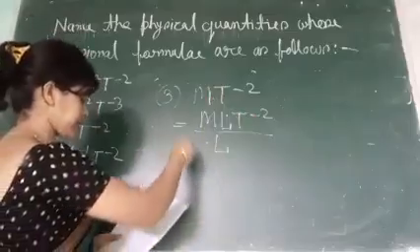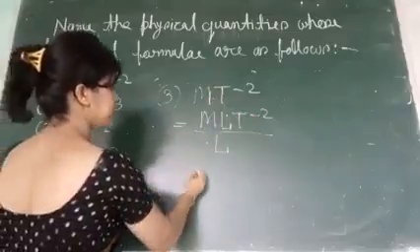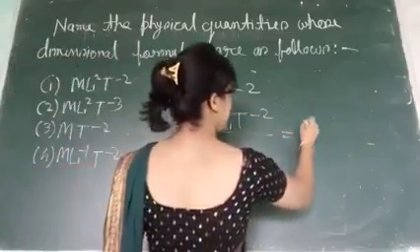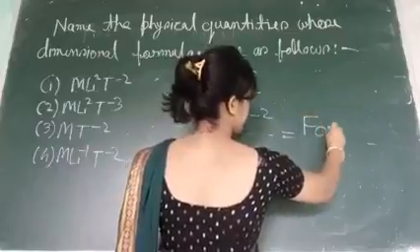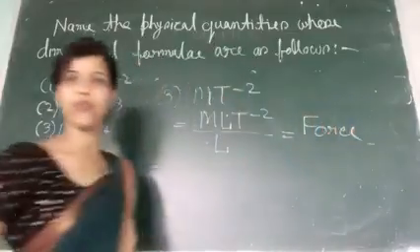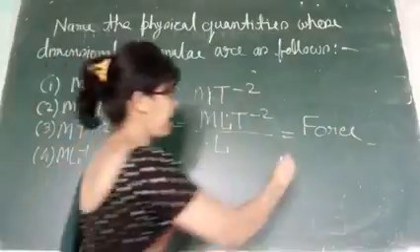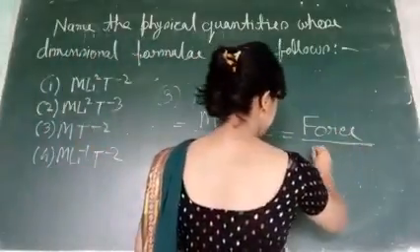So M L T to the power minus 2 divided by L. Now what is this? M L T to the power minus 2, this is the force, and L is the length.